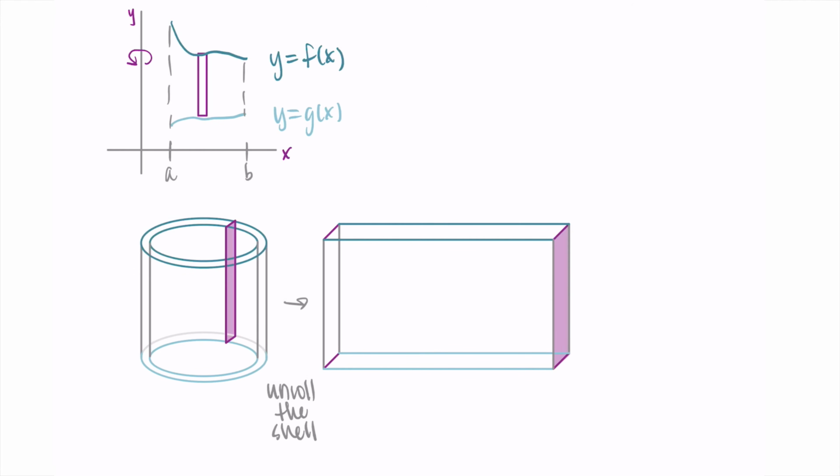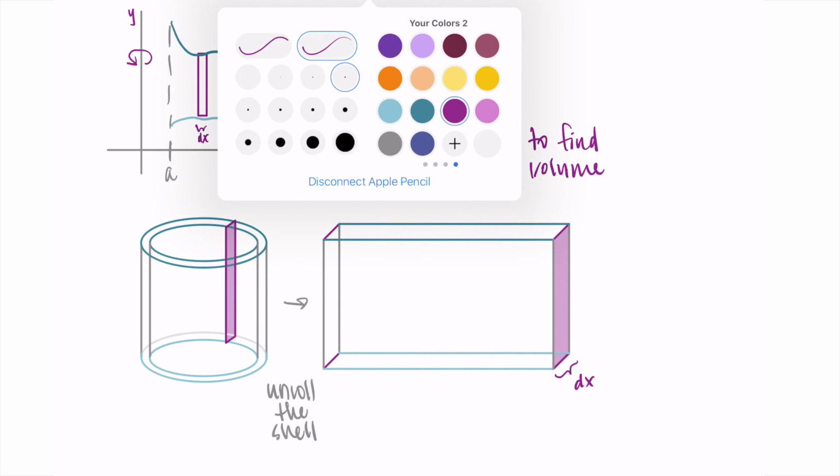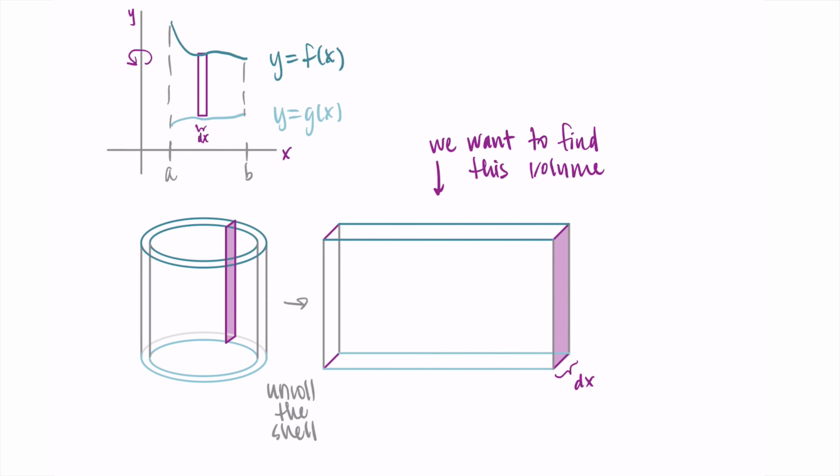So okay, we want to find this volume. We're going to need a length, a width, and a height. So let's start with the things we know. This little width here is a dx. Maybe it's like the depth. And that's because of this little change in x we have for the width of the rectangle. Then we're going to have the height of the cylinder, which is going to be the top function, that's my f of x, minus the bottom function, that's my g of x.